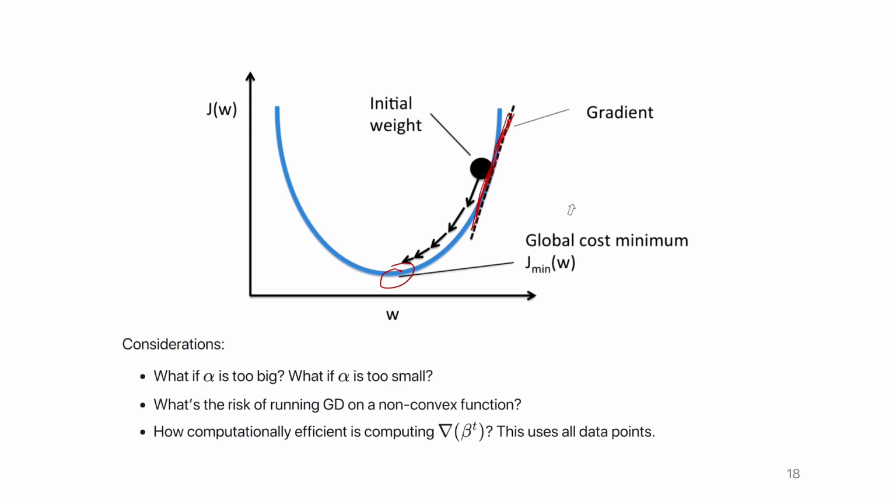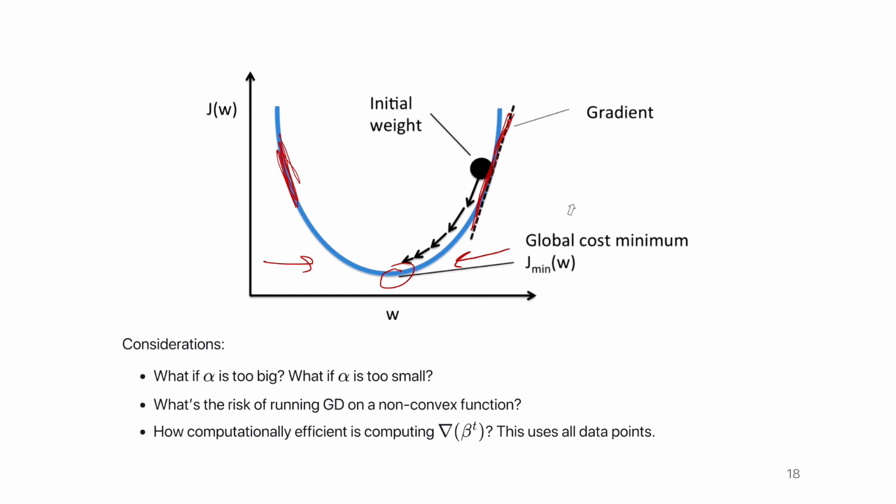So since it's positive, we want to move our beta closer this way. Okay? And then if our gradient was negative, we'd want to move our beta closer to the right. So we want to increase the value of beta. Okay? So from a high level, that's basically the reason why we move in the direction opposite the gradient.